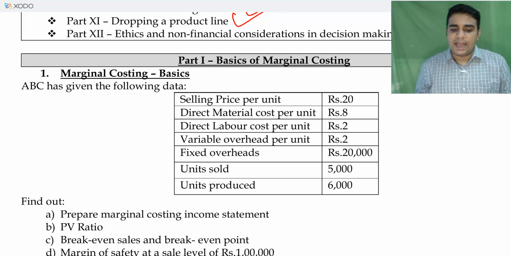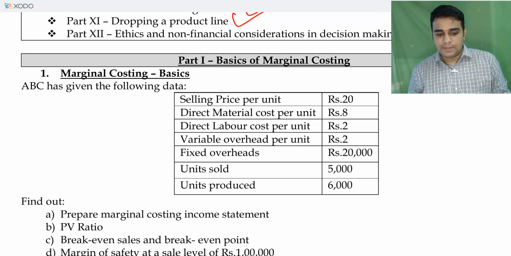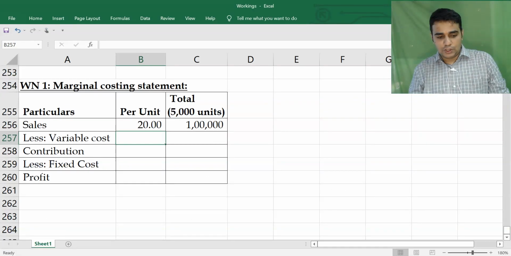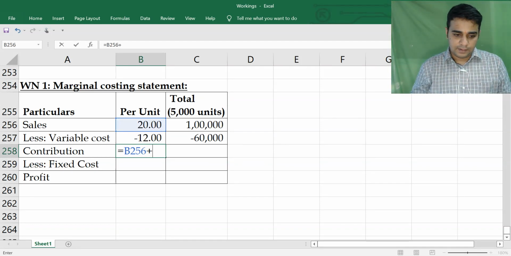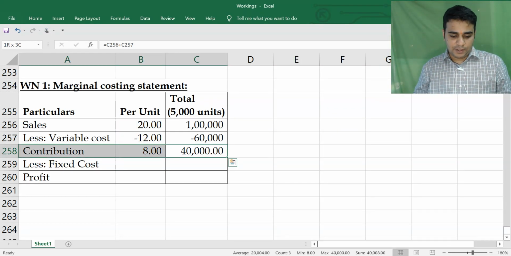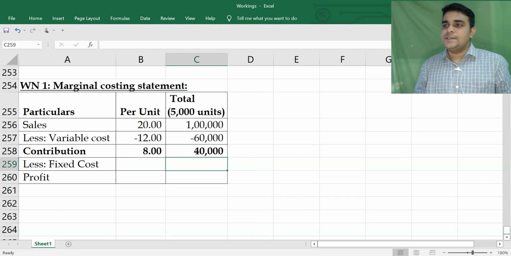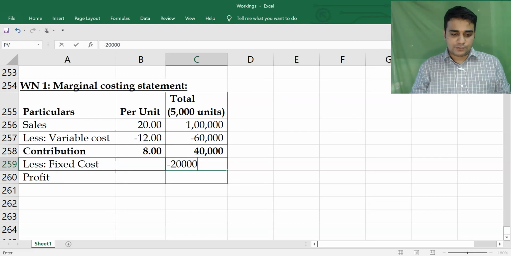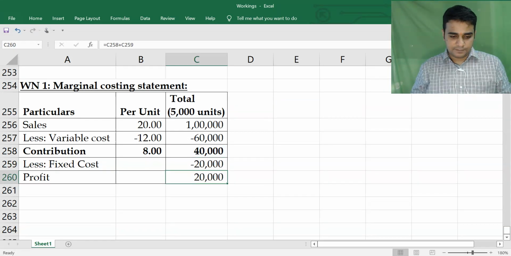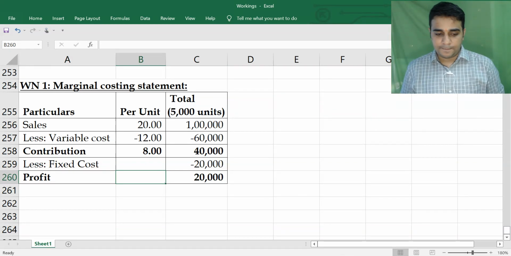Variable cost: direct material is a variable cost, direct labor is also a variable cost, variable overhead is also a variable cost. Material and labor are considered to be variable cost. 12 rupees and 60,000. Contribution is 8 rupees and 40,000. Fixed cost is 20,000, profit is 20,000.